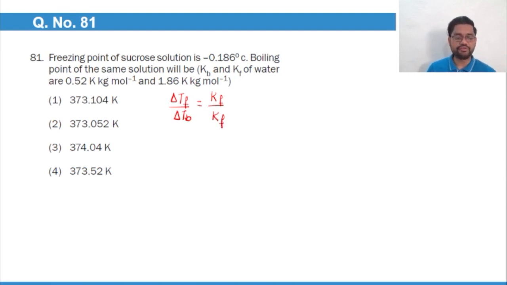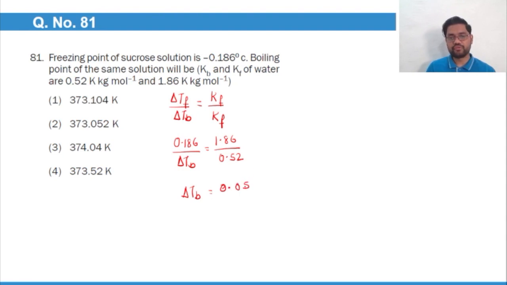By substituting the values, it is 0.186 by delta Tb is equal to, what is the Kf value? 1.86 whole divided by 0.52. By this you will get delta Tb as 0.052 Kelvin, and with this the Tb value will be equal to 373.052 Kelvin. The right answer is option number 2.